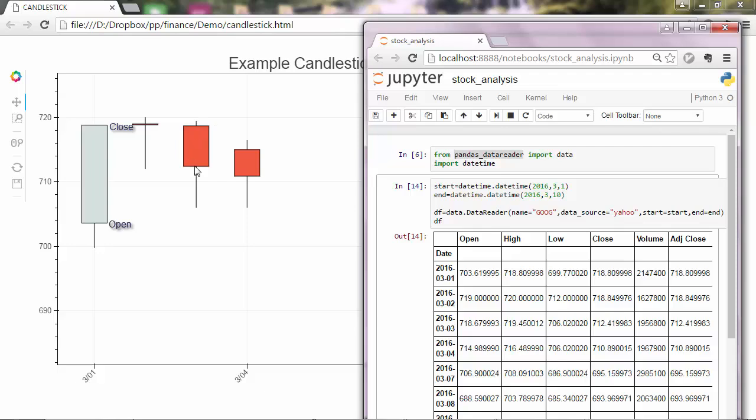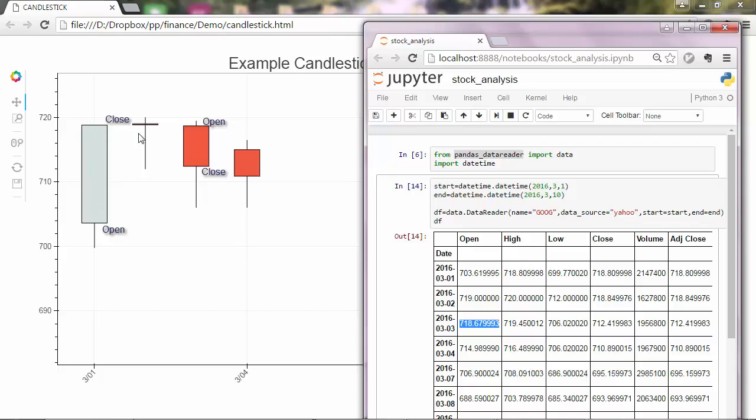So the lower border is somewhere at 712, which is this closing price here, and then 718 for the open price. So closing price here, open price here. But for this one we had open price here, closing price here.